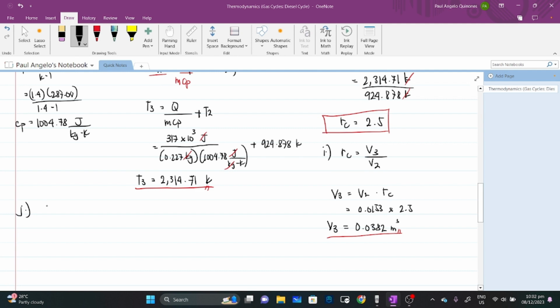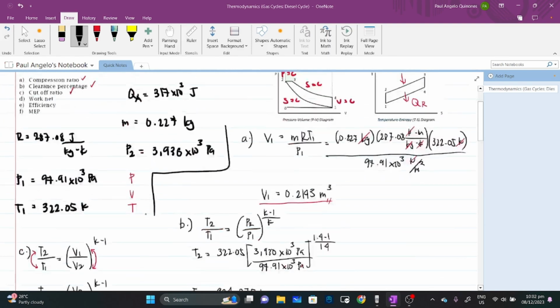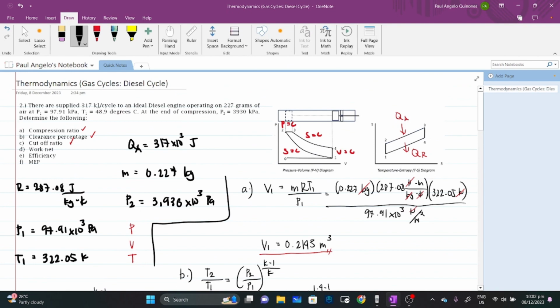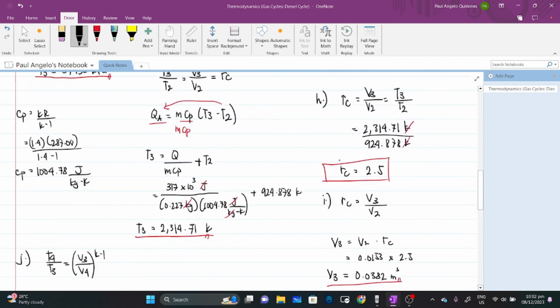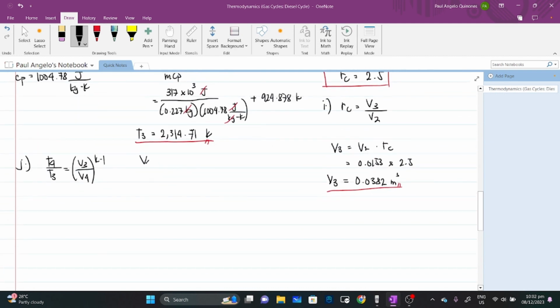I want to solve first for T4 over T3, that is V3 over V4 raised to K minus 1. As we've said, in the diesel cycle V4 is the same as V1, so we can conclude that V4 is equal to V1. We can substitute that here.